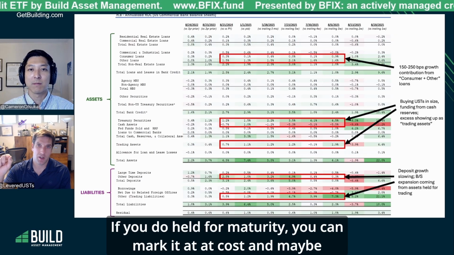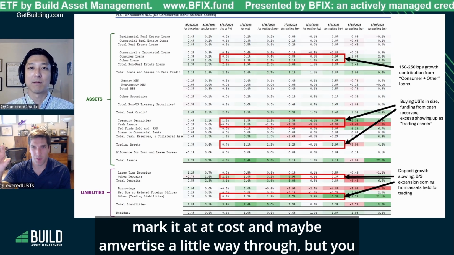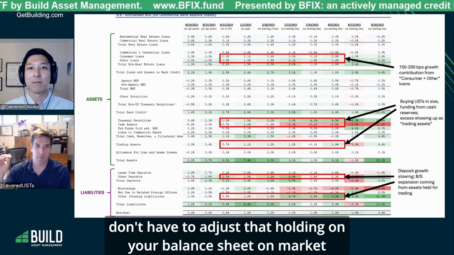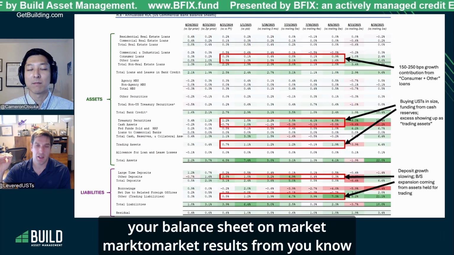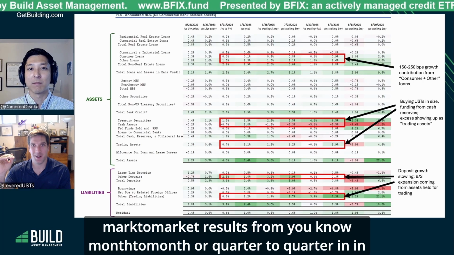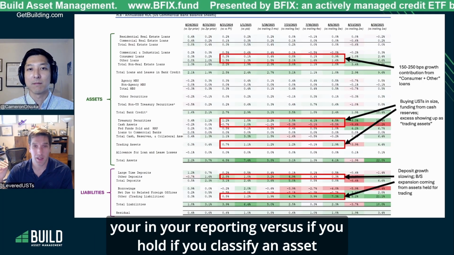If you do held to maturity, you can mark it at cost and maybe amortize a little along the way, but you don't have to adjust that holding on your balance sheet on mark to market results from month to month or quarter to quarter in your reporting.